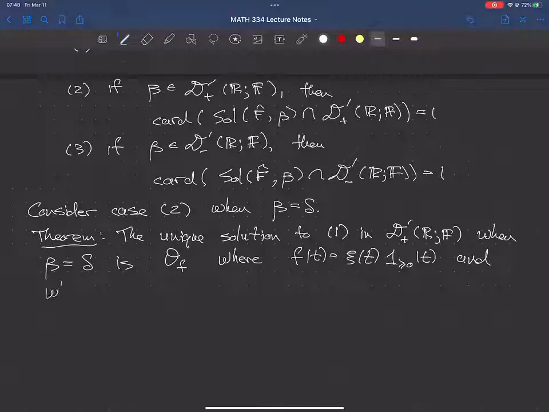Okay, so I'll tell you what that is now. And where 1 of t is the thing which we talked about last time. So it's 1 for t greater than or equal to 0, and 0 for t less than 0.